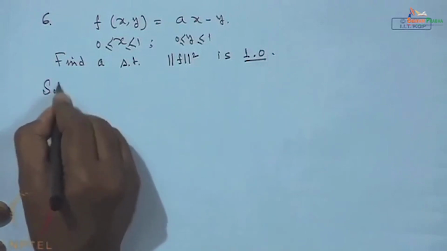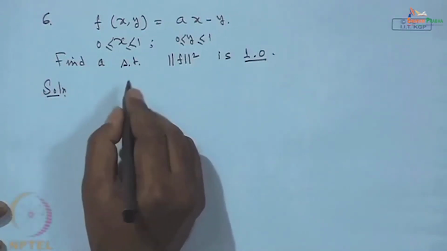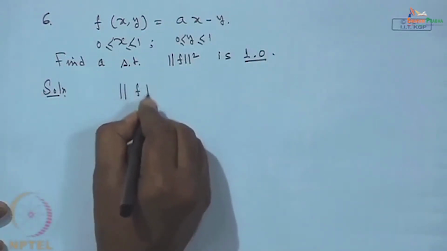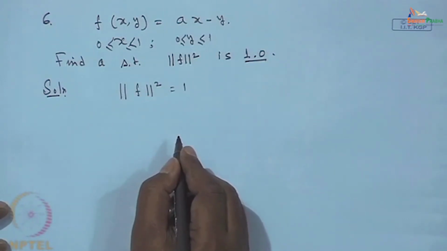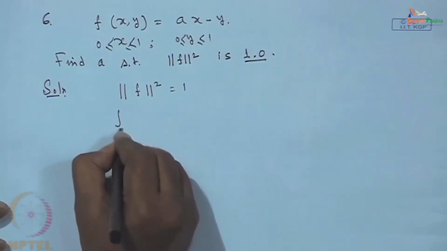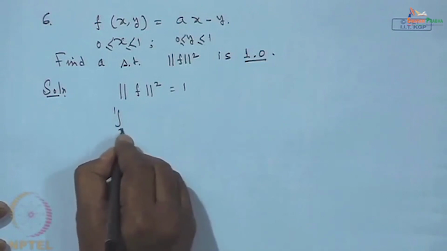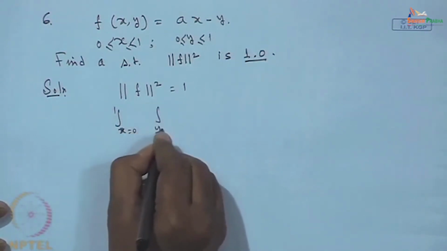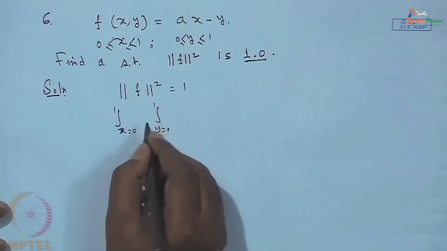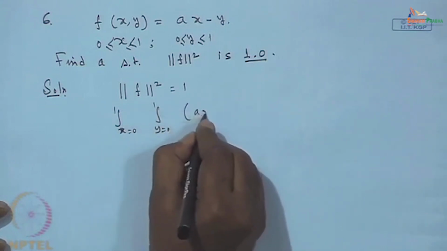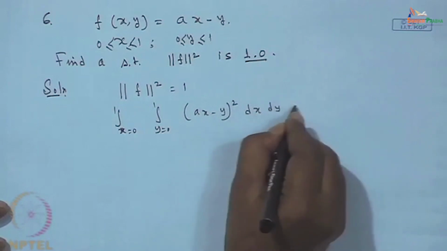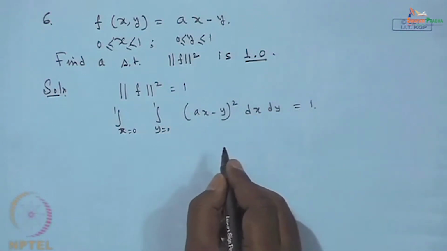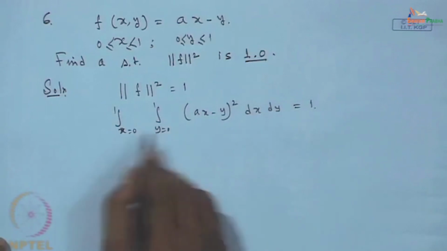Let us look into the solution. The solution is that norm of f square is equal to 1. So, if you look into the norm of f, this will be integral 0 to 1, this integral is over x, another integral over y. So, it will be double integral of a x minus y square dx dy should be equal to 1. Okay. So, we just carry out this integration.